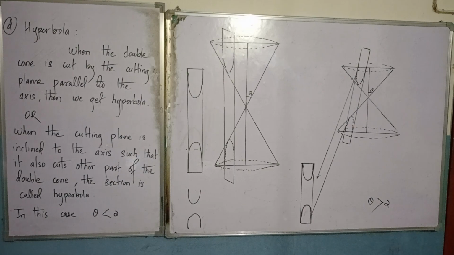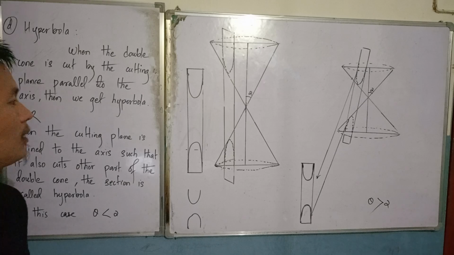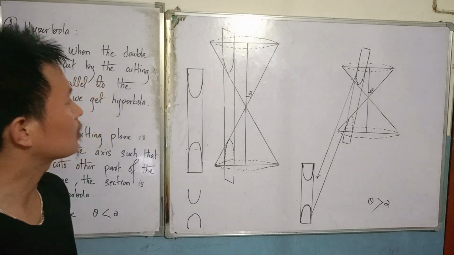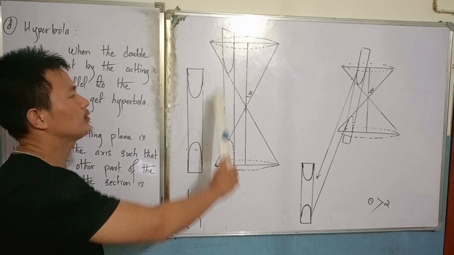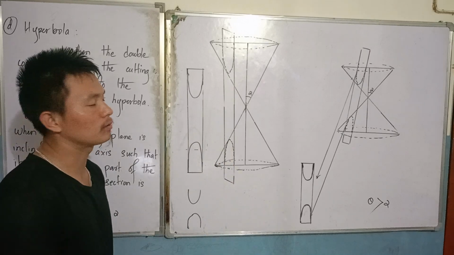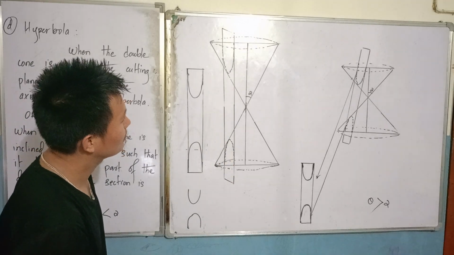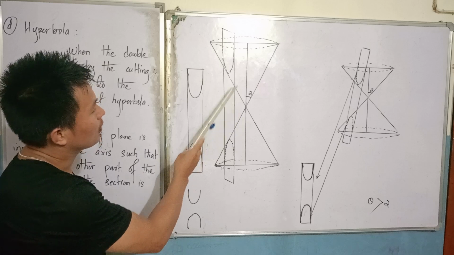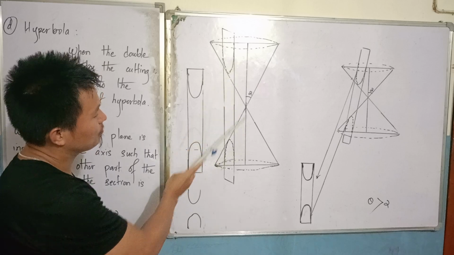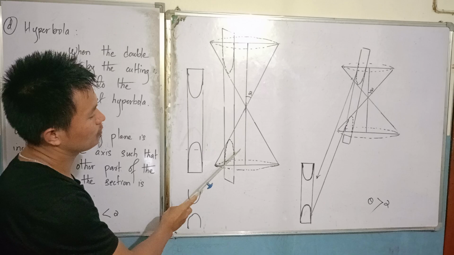Now finally, last but not the least, we come to the final conic section, the hyperbola. For a hyperbola to be made, the cutting plane should cut the right circular cone in such a way that it cuts both naps, the upper nap and the lower nap.